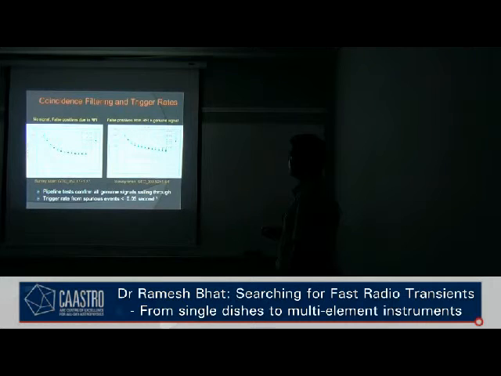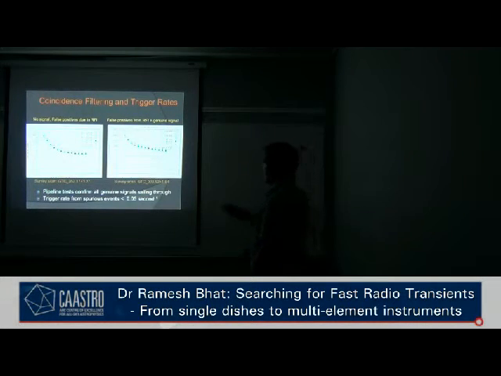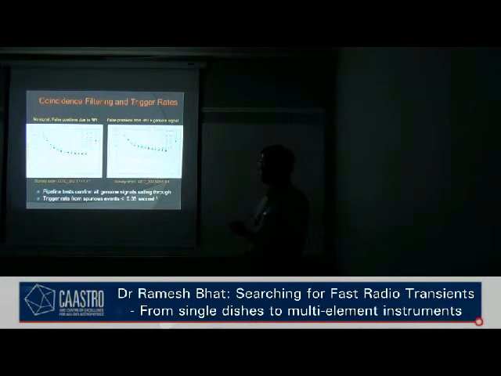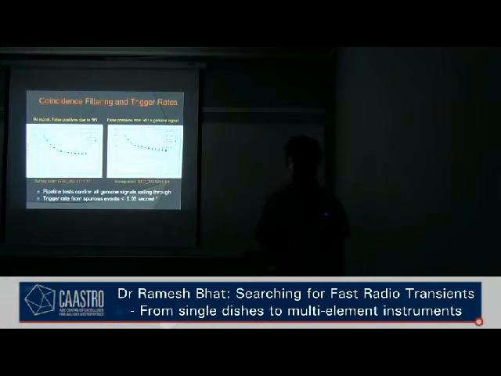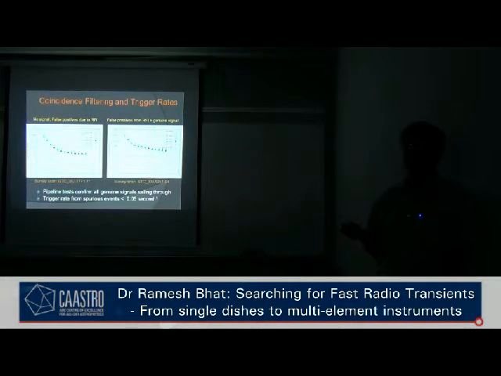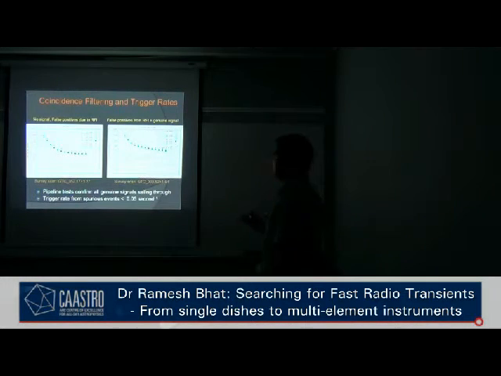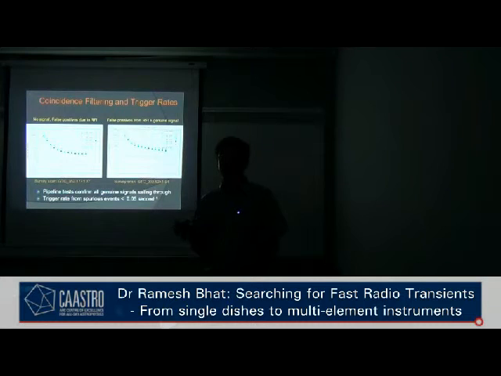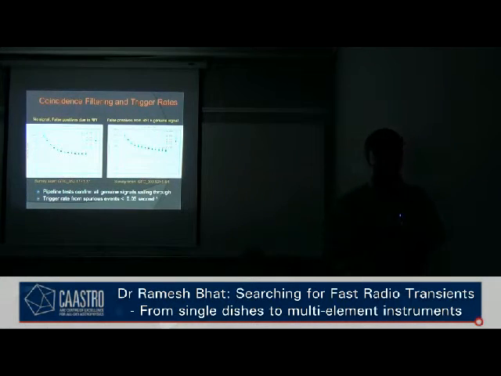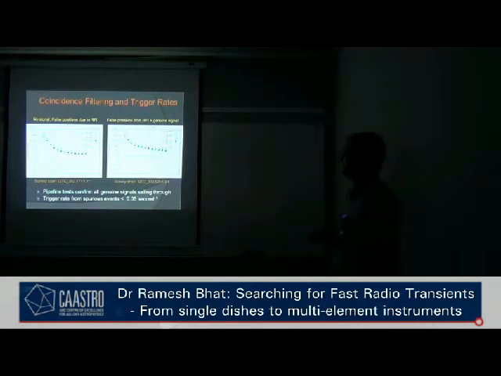The kind of thresholds that we hope to work with is about a 5 sigma threshold for 4 different groupings of the array. So you can see that the trigger rate is going to be well less than once every 20 seconds, which is not pretty bad. With that sort of a duty cycle, you can sustain this sort of a search strategy in a 24/7 kind of mode.